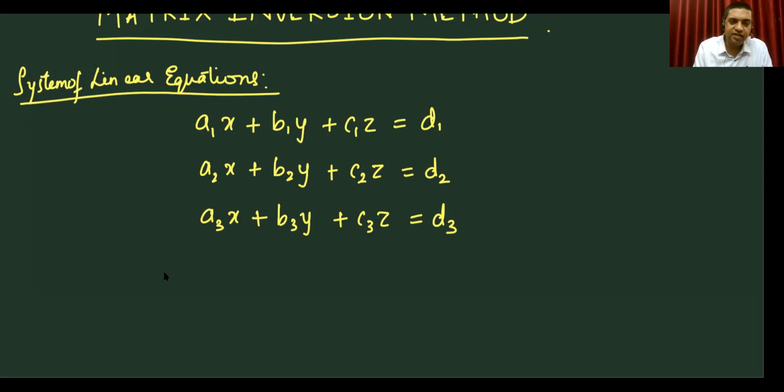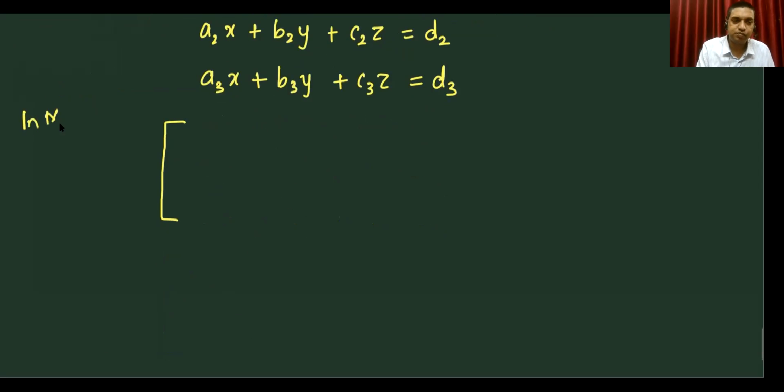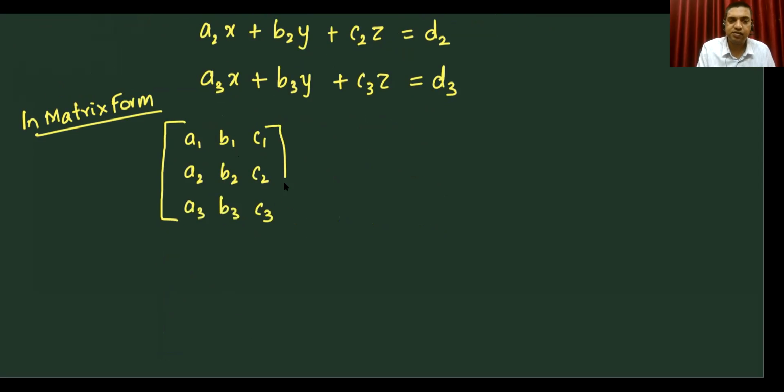So we can write this in matrix form as: a1 b1 c1, a2 b2 c2, a3 b3 c3 multiplied by a column matrix x y z.